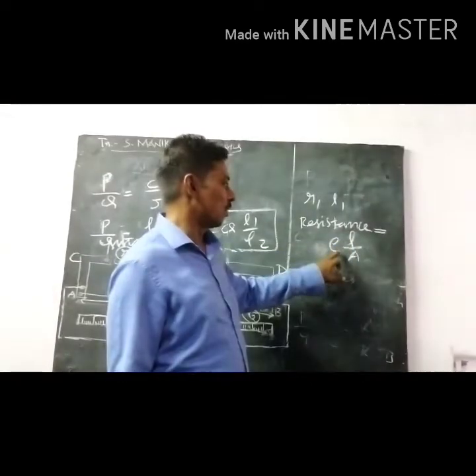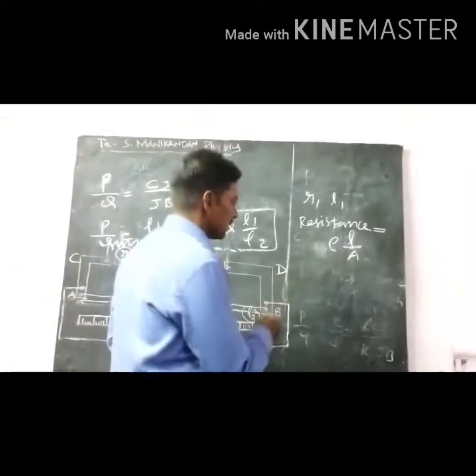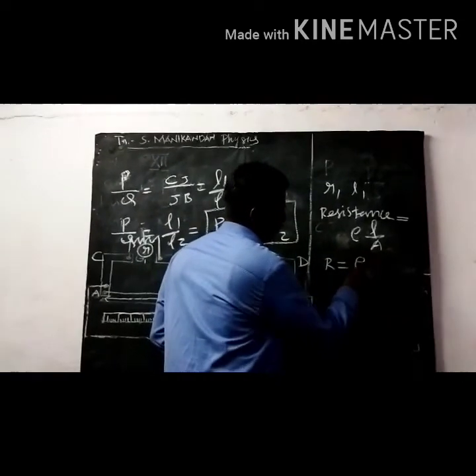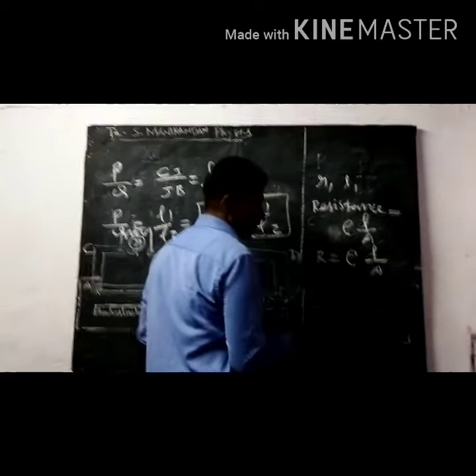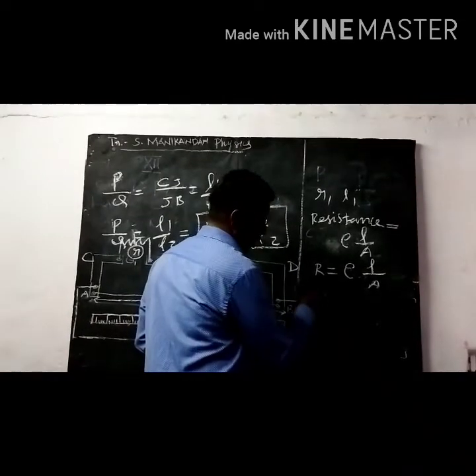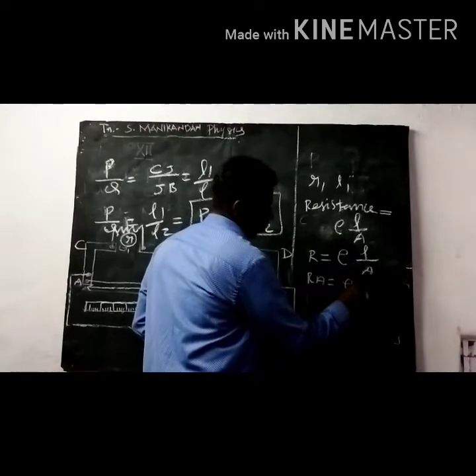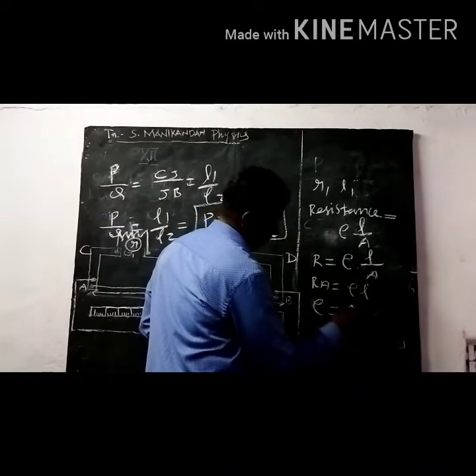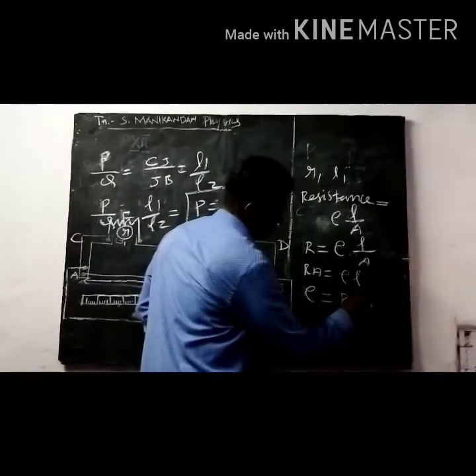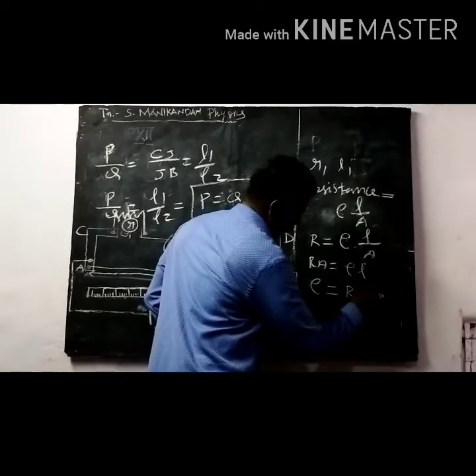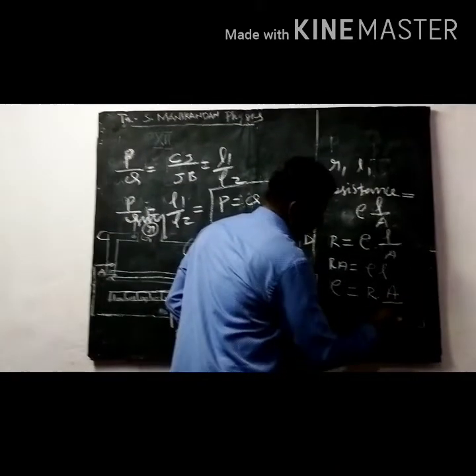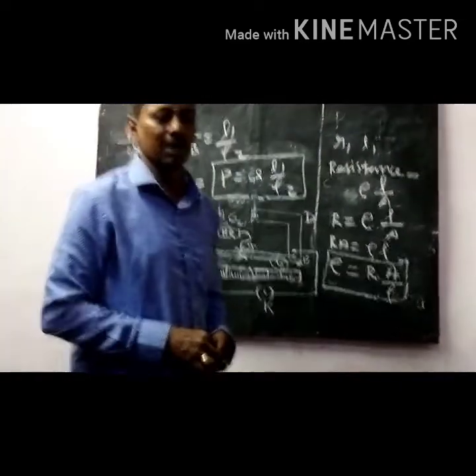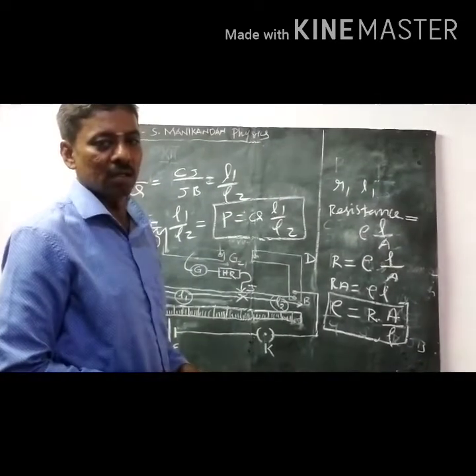So resistance R is equal to rho L by A. Now we will get RA is equal to rho L. Simply rho is equal to R into A by L. R into A by L is the required derivative for finding the resistivity of the material of the wire.